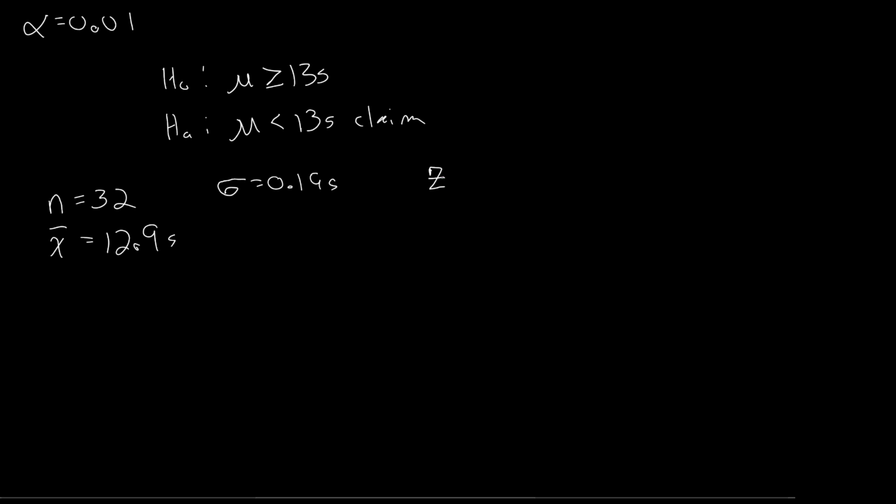If you think back to confidence intervals, we used z-scores when we knew the population standard deviation to get a confidence interval, and we used the t-scores when we didn't. Same thing's going to happen with hypothesis testing.